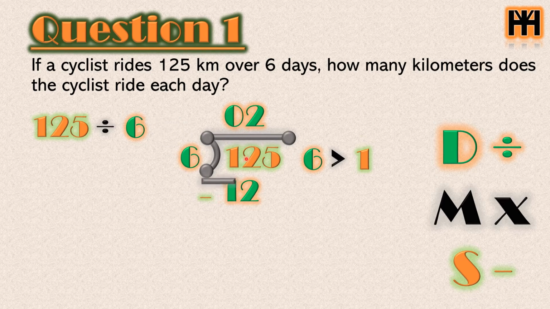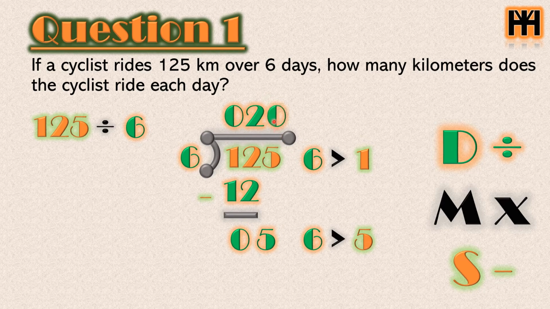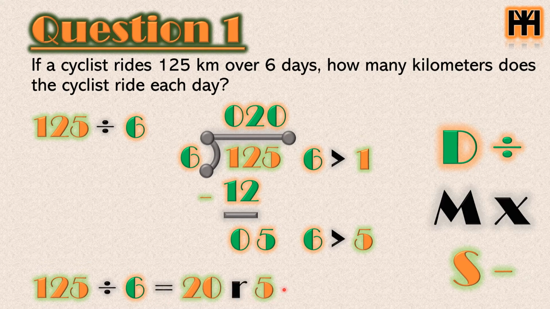Then we subtract: 12 minus 12 is 0. Then put down the 5. Okay, now 5 divided by 6 can't be, because 6 is greater than 5. So we put 0 here. So the answer of this division is 20 and the remainder is 5.